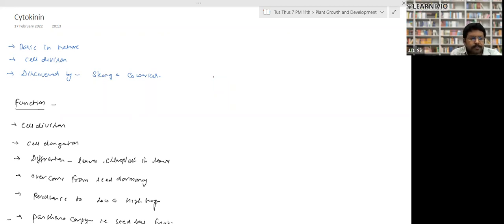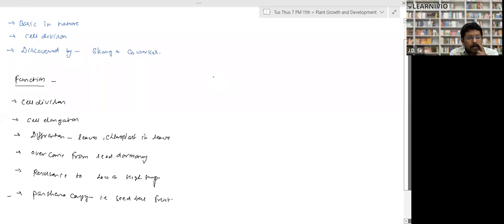Next, it helps to provide resistance to plant in low and high temperature.